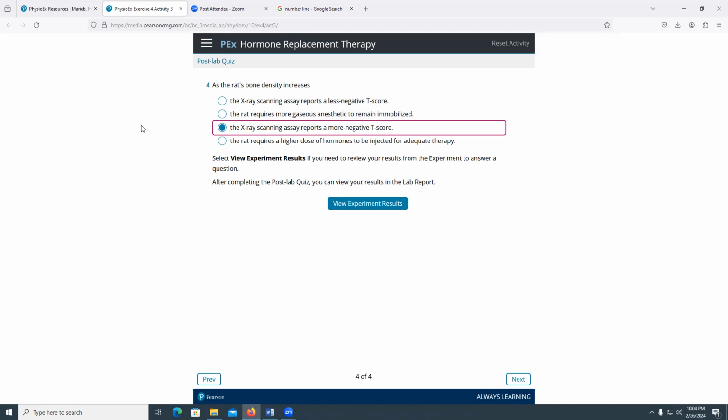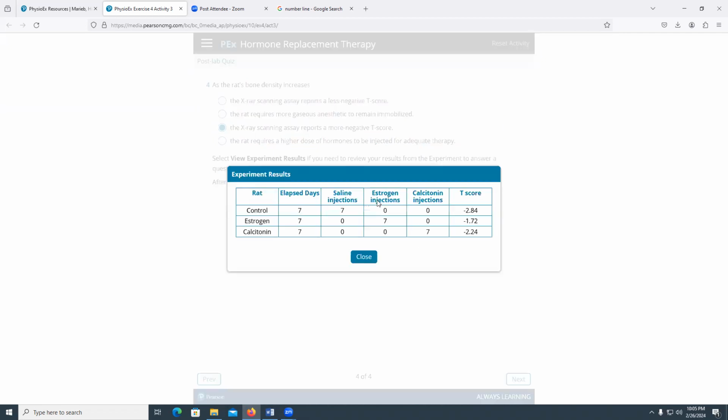So that's why the calcitonin is able to provide us with a better and more negative T-score, which was about minus 2.05, which is the calcitonin was about negative 2.24.